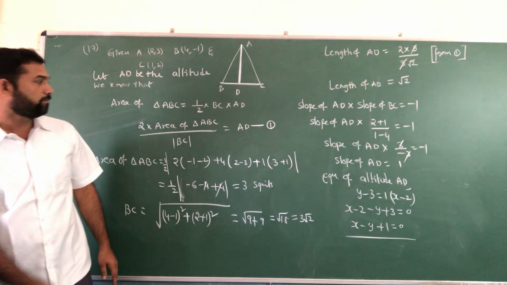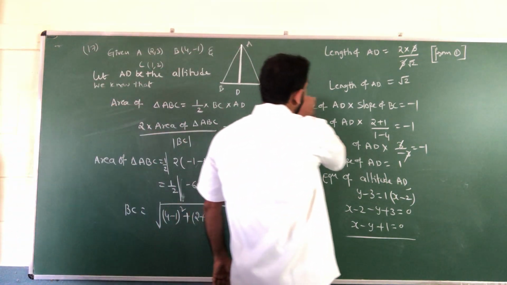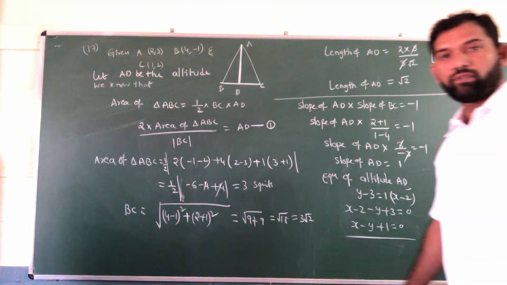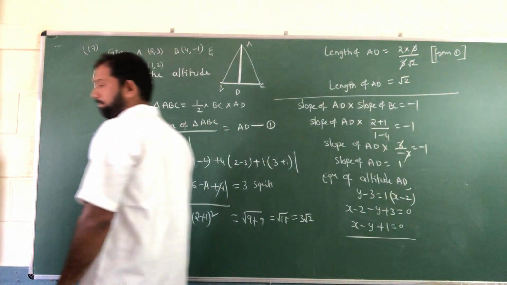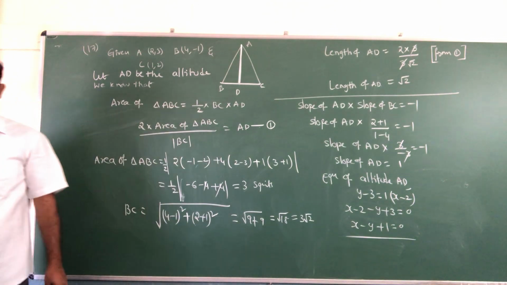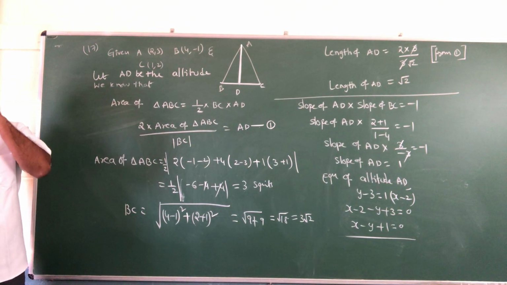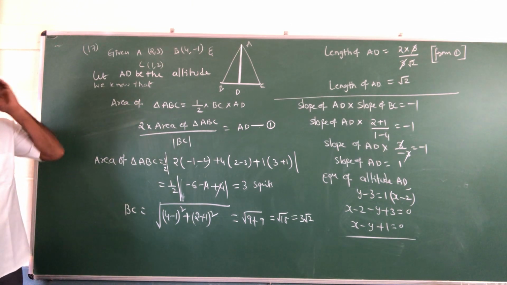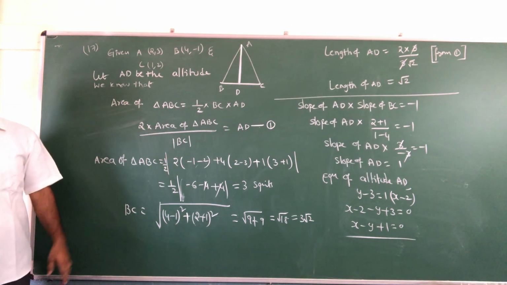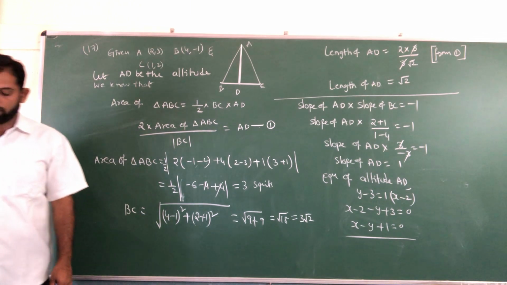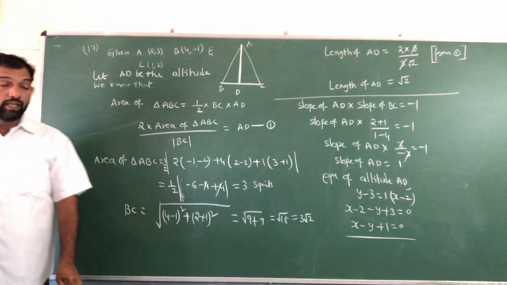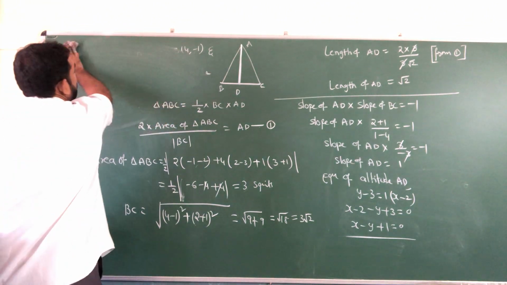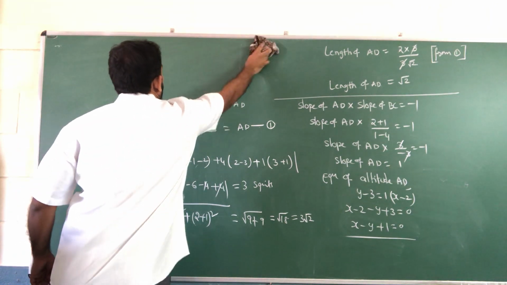Note it down fast. Equation of line AD. This is the general formula used for the length of AD, the altitude.